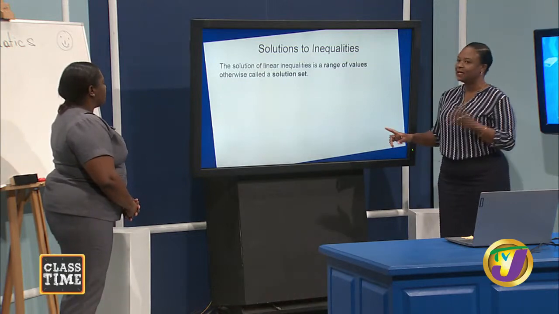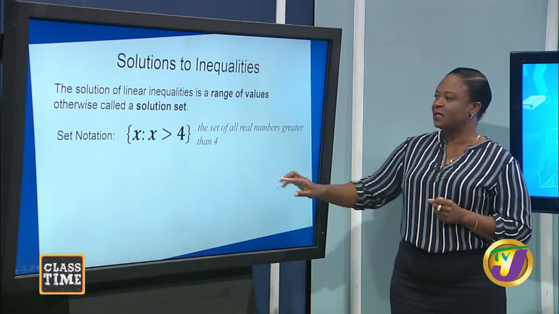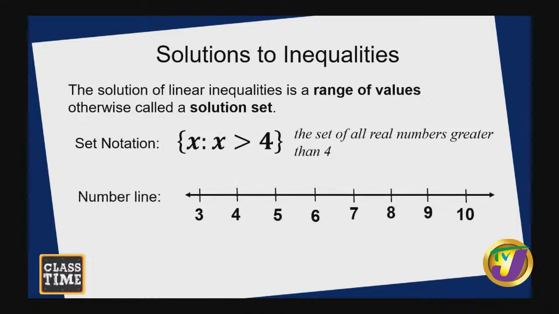I can understand that, and that is quite interesting for us. This set as defined is a set of all real numbers greater than 4. And of course, this can also be represented on a number line. So there we have a ray with an endpoint starting at 4 and the arrow extending in the direction of the right.